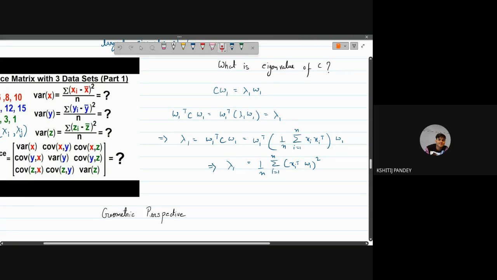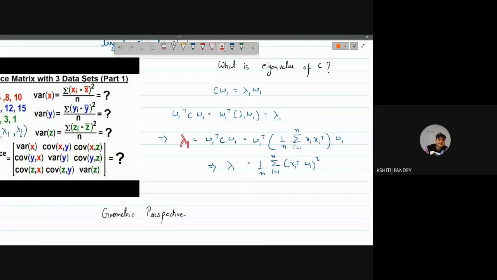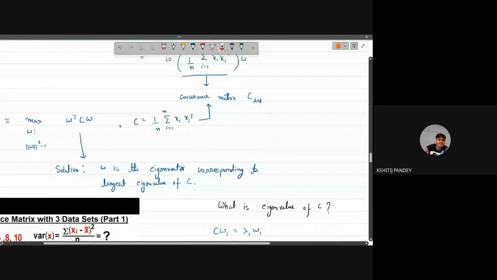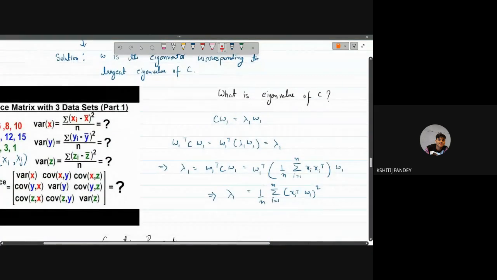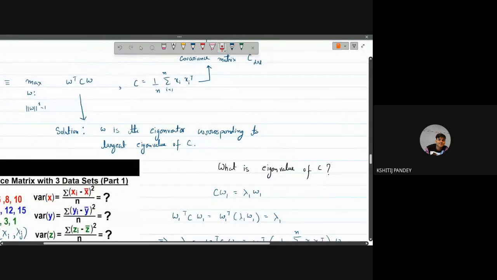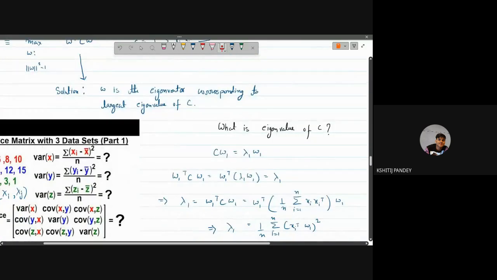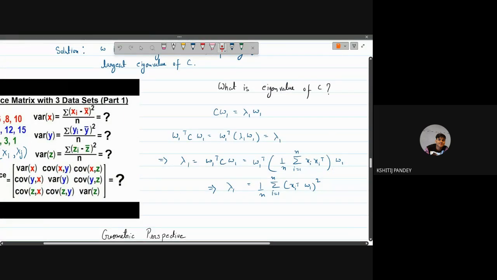So this will be equal to lambda 1, which is the eigenvalue. So your eigenvalue is equal to this quantity. And what is the quantity? We are dealing with the optimization problem of this quantity only, right? So this is how your eigenvalue is related. Is the relation clear?